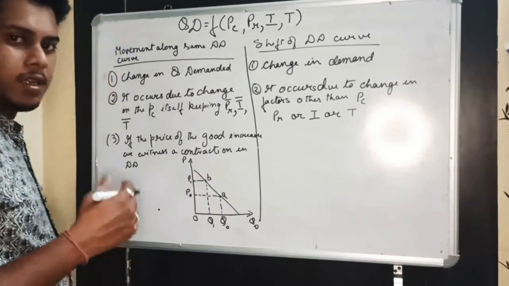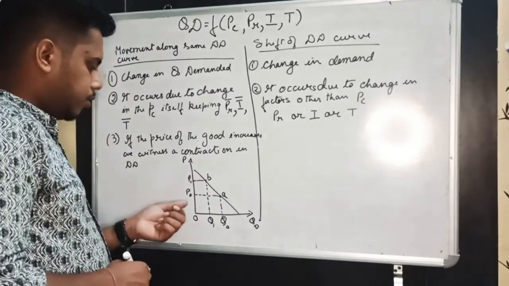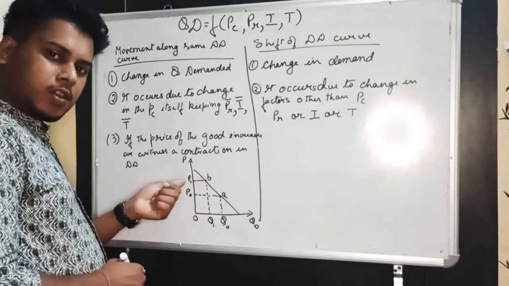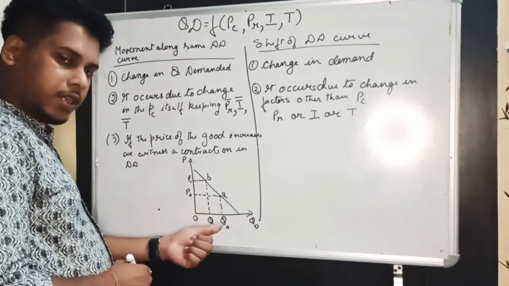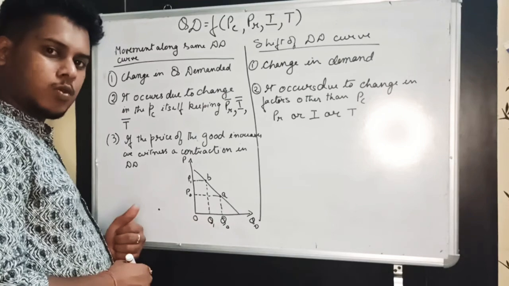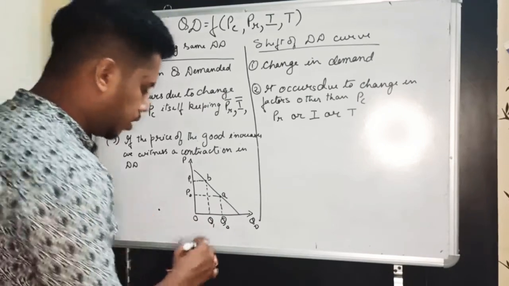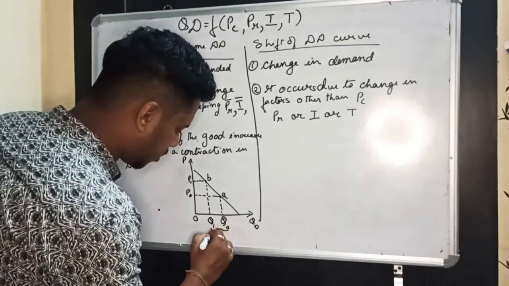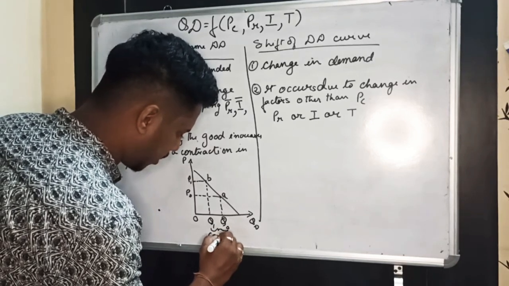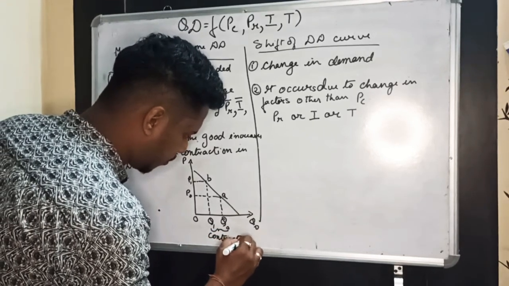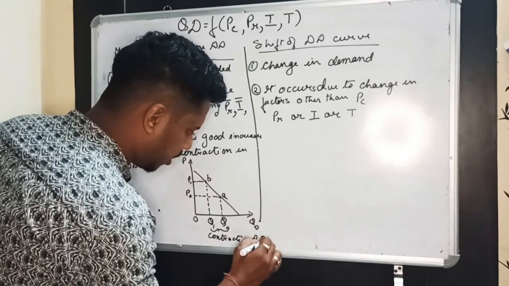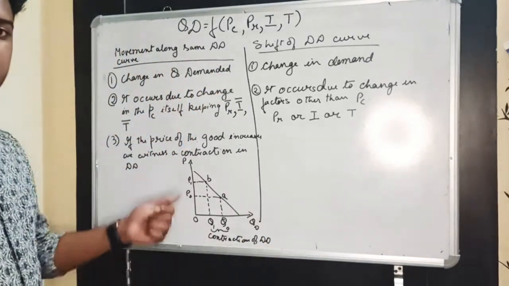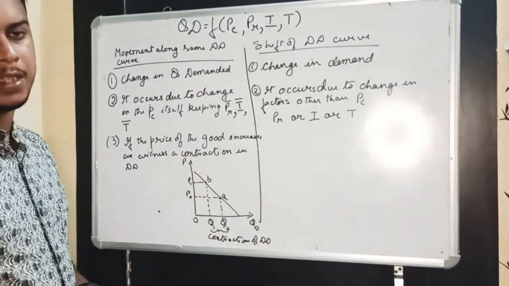So what did we witness? Due to increase in the price of the commodity, we have witnessed a reduction in the quantity purchased of the commodity. So this reduction is known as contraction of demand, and it has been caused due to increase in the price of the commodity itself.